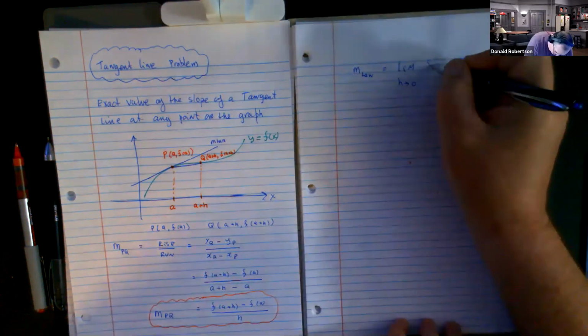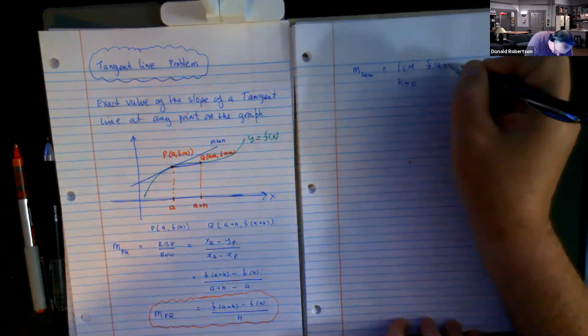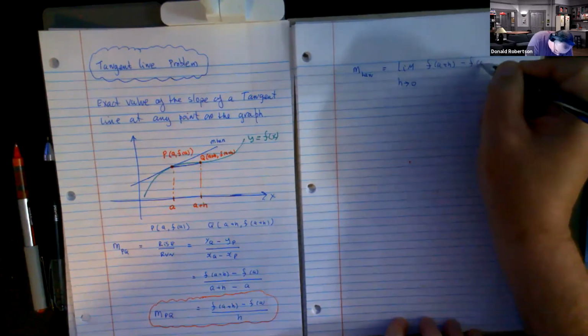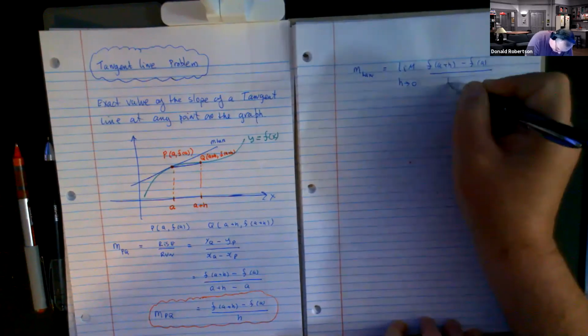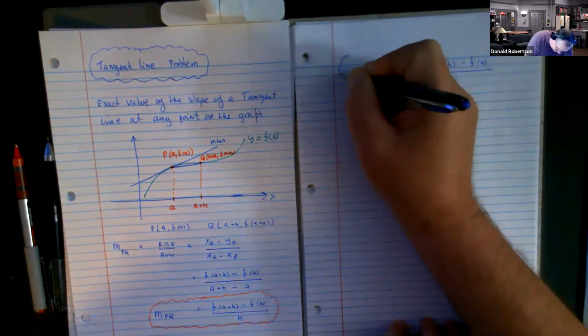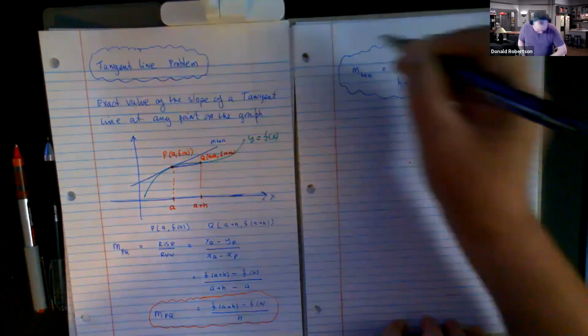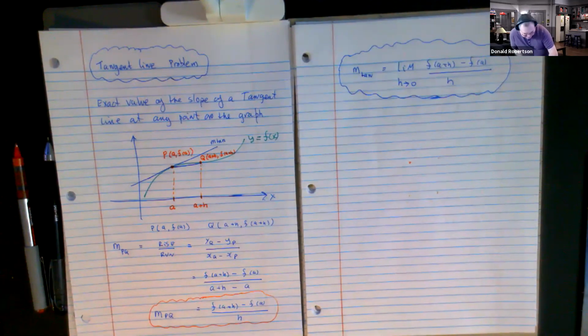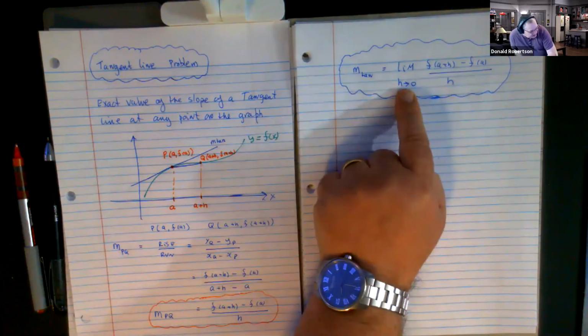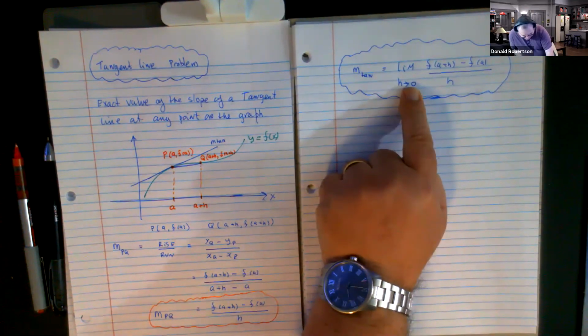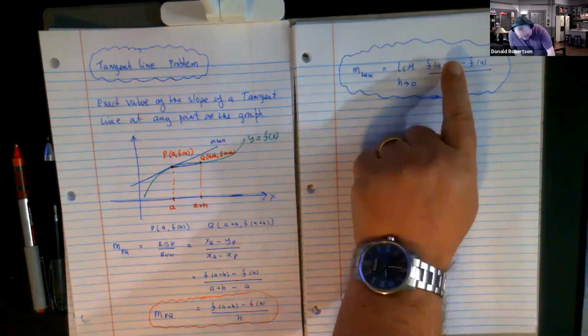And what you now have is a way to find the slope of the tangent line. It's the limit as h tends to 0 of f of a plus h, take away f of a, over h.